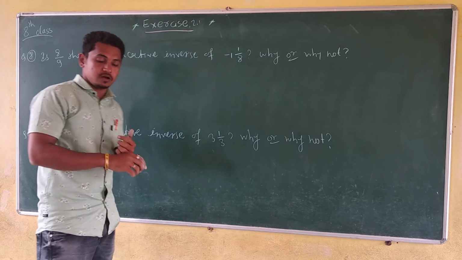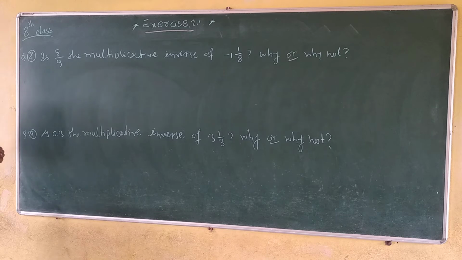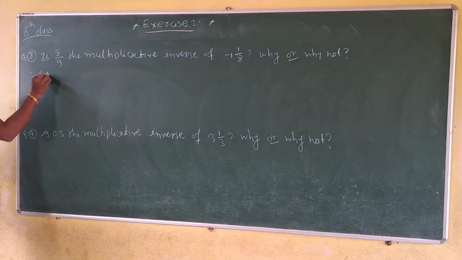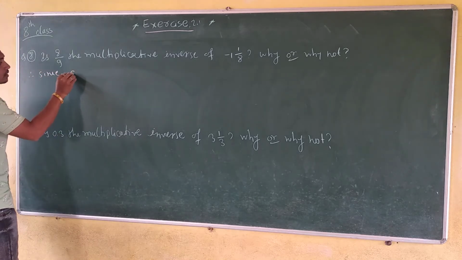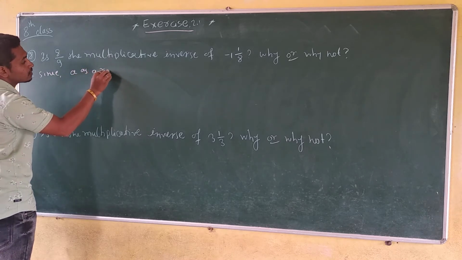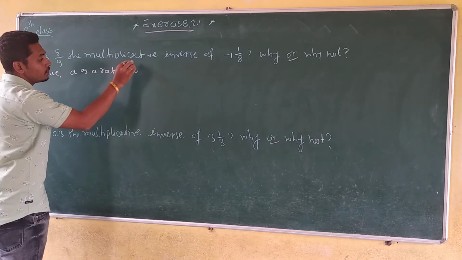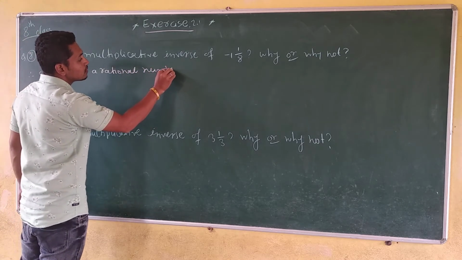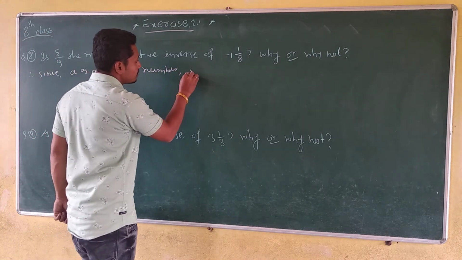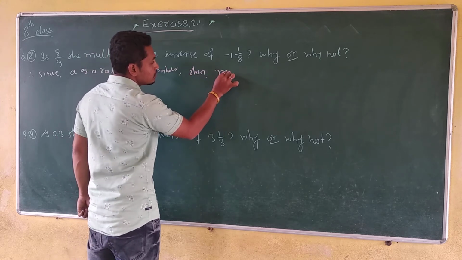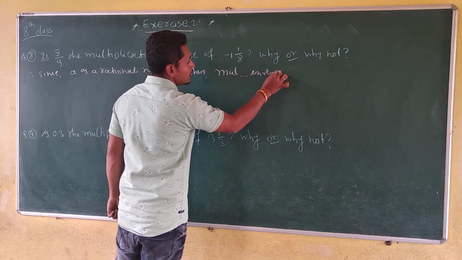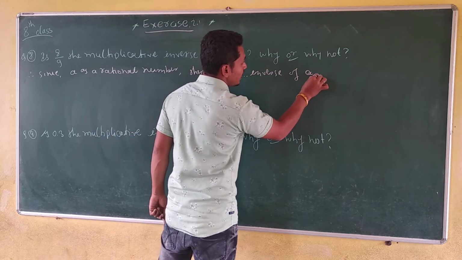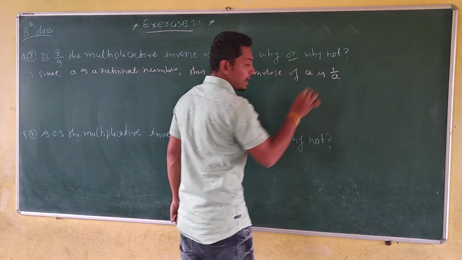First, you should know what the multiplicative inverse is. If a is a rational number, then the multiplicative inverse of a is 1 divided by a.